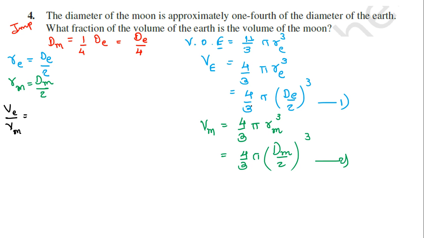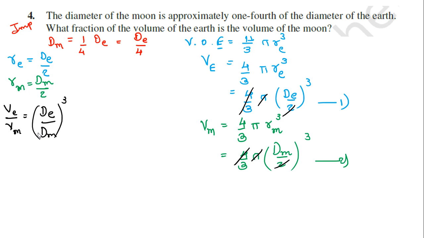So this part I'm now not going to write, because when you take the ratio, this 4 by 3 and pi will cancel, as well as this 2 will also cancel. So what will come is (de by dm) overall cube. Actually I have cut 2 or 3 steps directly.